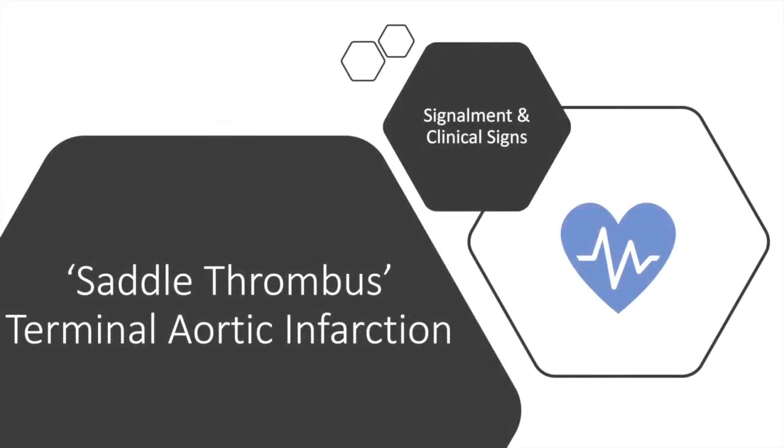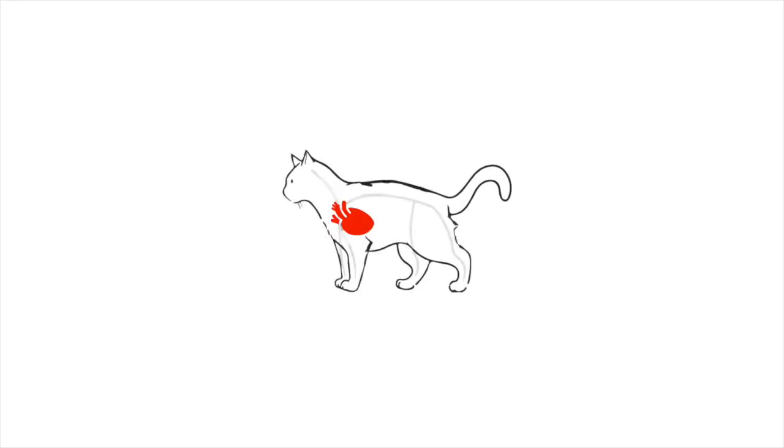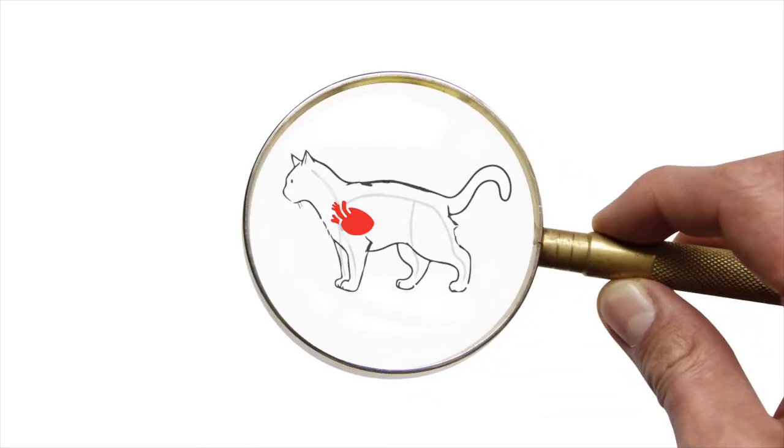The majority of cats who suffer from CATE will experience a terminal aortic infarction, commonly referred to as a saddle thrombus. If we were able to look inside one of these cats, we would see the embolism is occluding blood flow at the level of the aorta where the limb's arterial blood supply originates.